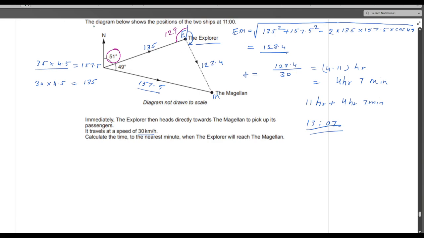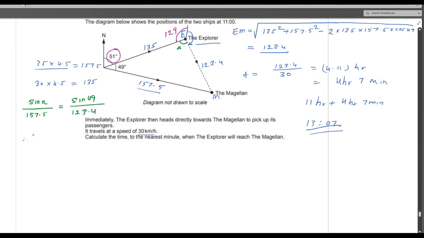Now to calculate this particular angle, we will use the sine rule. If this angle is say x, then sine x divided by 157.5 is equal to sine of 49 divided by 123.4.